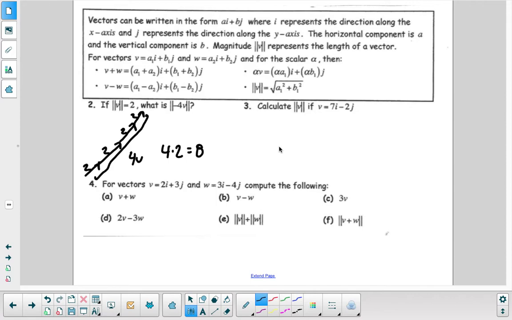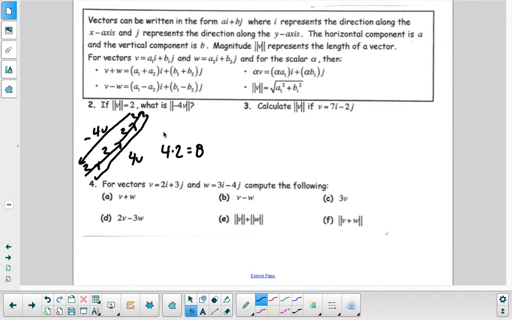And it's the length of the vector. If I flip that over and went this way, I don't have enough room to show it, but if I went basically this way and did negative 4v, it's still the same distance. So the magnitude doesn't change, even depending on the direction.